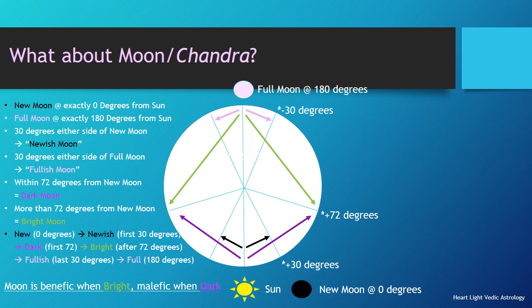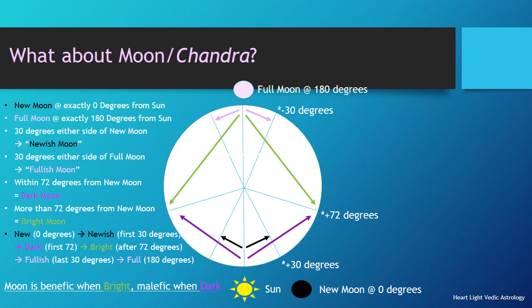Okay, still, we wouldn't call it dark, but it's a newish moon. Not exactly a new moon, but a newish moon. Now, on the opposite side, if you are within 30 degrees of a full moon, that's what we would call a fullish moon. So it's not an exact full moon, but within 30 degrees of being a full moon, we call that a fullish moon.